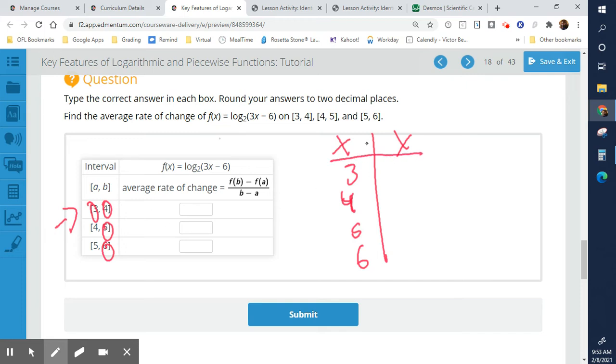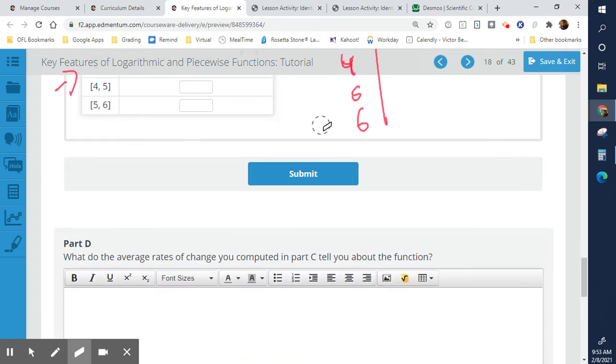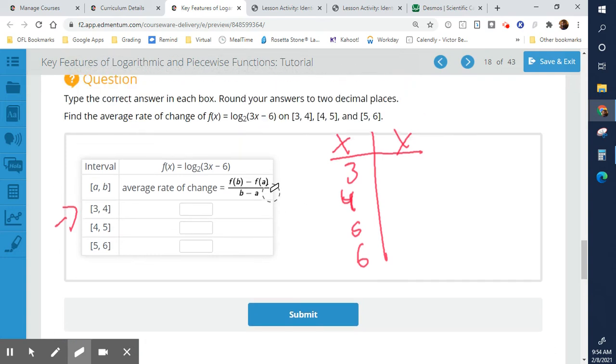So let's get this little table started so we can kind of calculate these out. Unfortunately, they only care about the answers. So that's going to be a little hard to do without showing all this work. I hate that Edmentum doesn't care about showing the work. It's just like, hey, solve for slope. All right, so let me get this started.